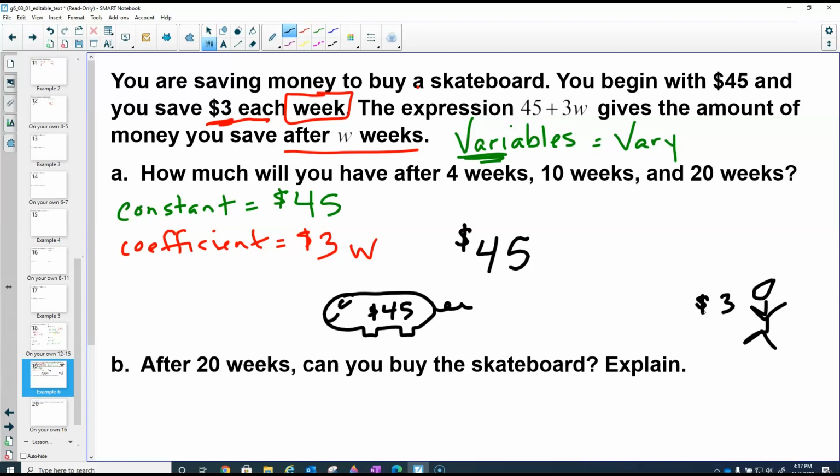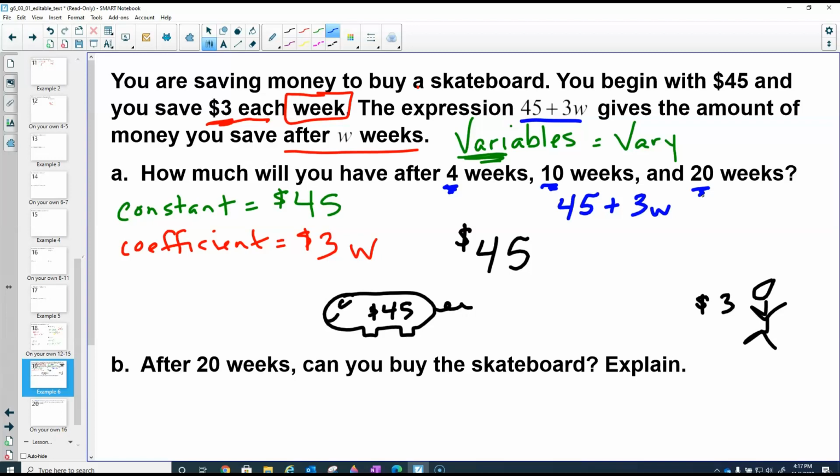So now I can start writing my equation. I know by looking up here, they've already given it to me, 45 plus that $3 and however many weeks. Now they're telling me to figure it out for 4 weeks, for 10 weeks, and for 20 weeks. So I'm going to plug each of those into my variable, see how they're going to vary from time to time, and which will give me a different answer.